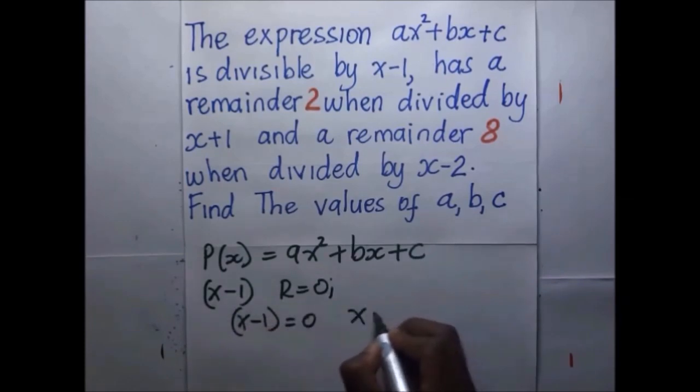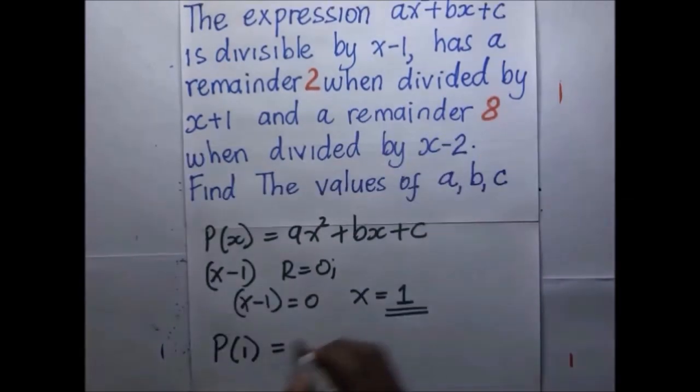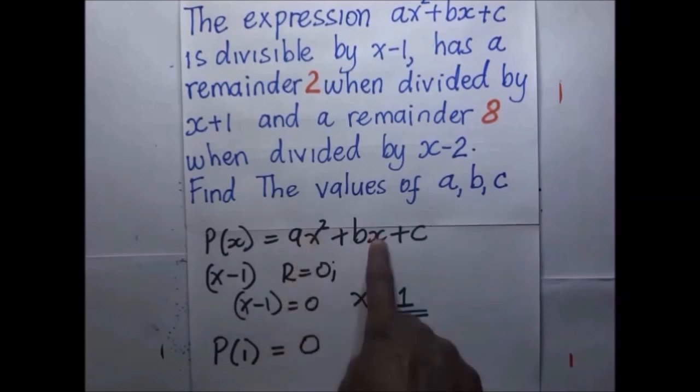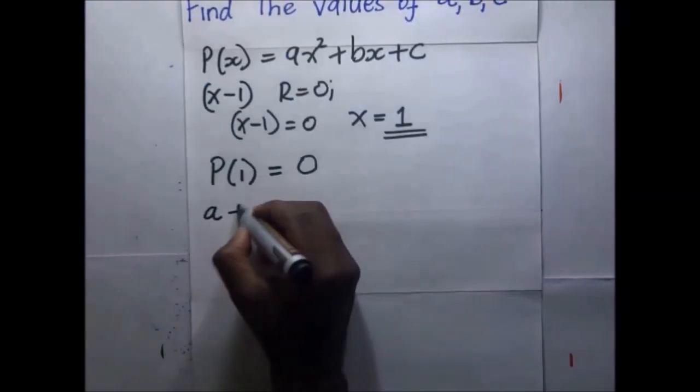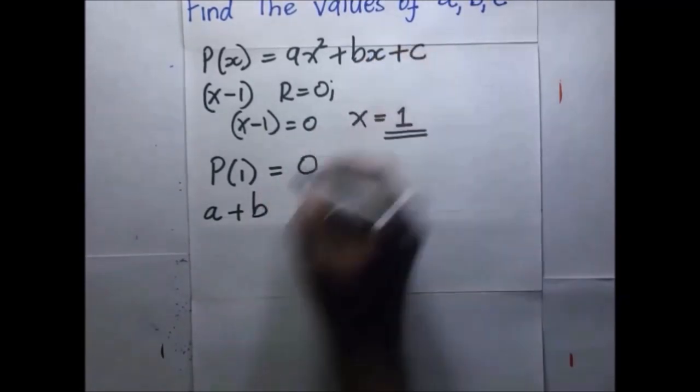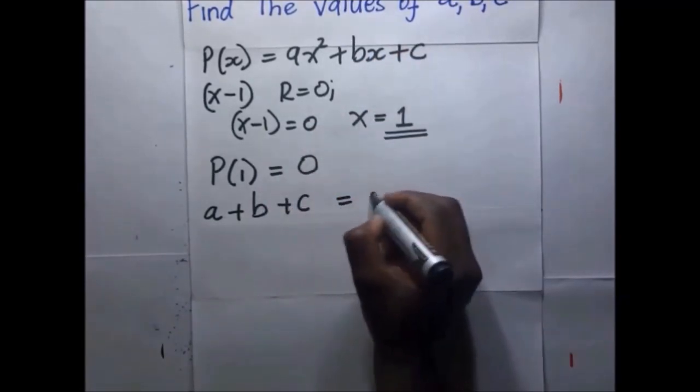So x should be 1. P of 1 should be equal to 0. Meaning that when our value of x is 1, we put here 1, it means that a plus b, b times 1 is b, plus c is equal to 0.